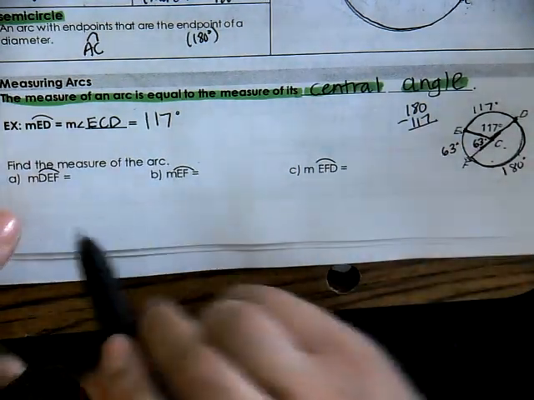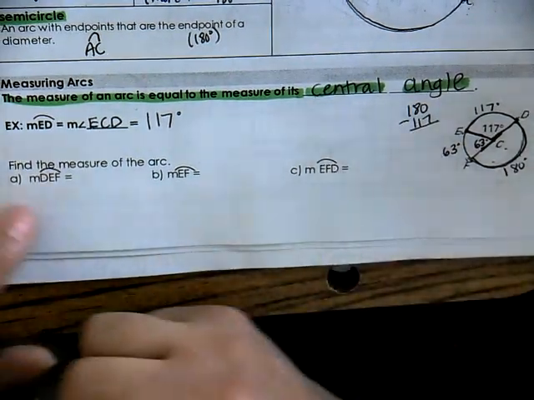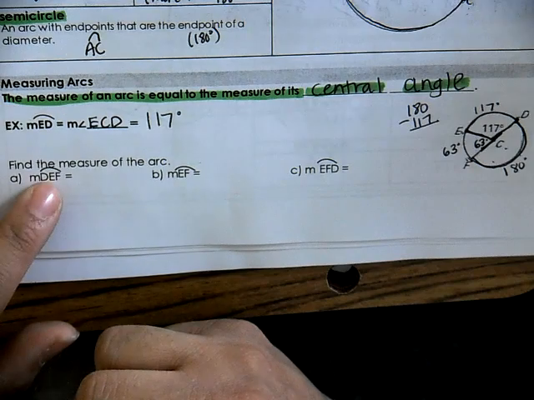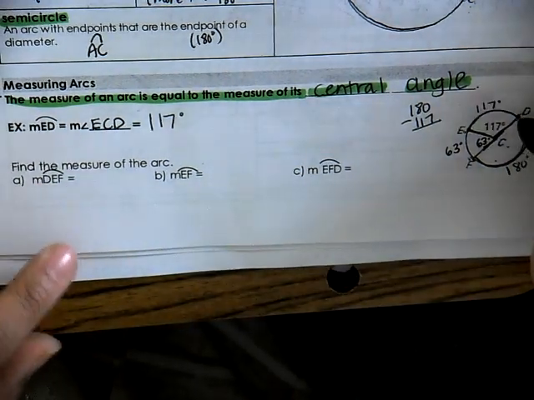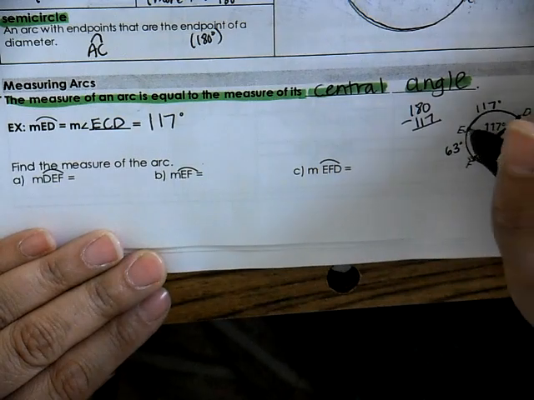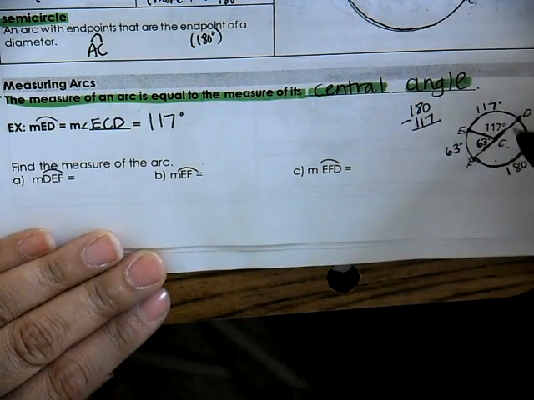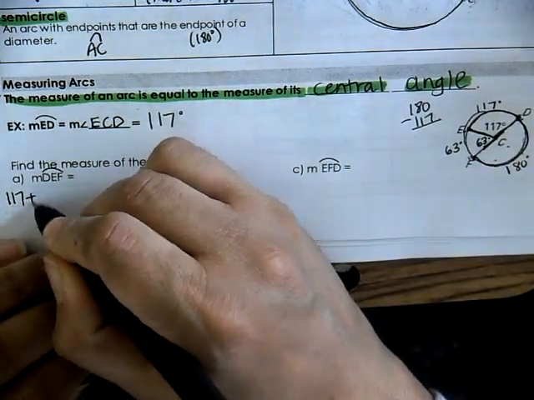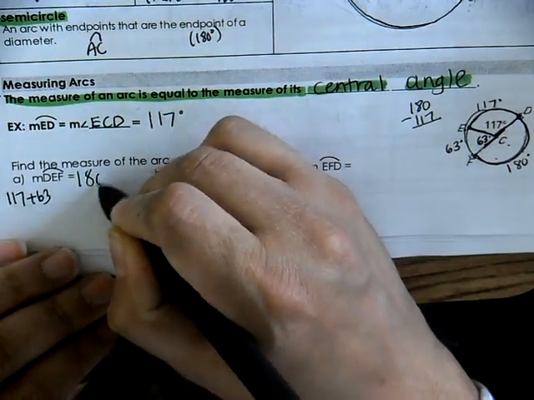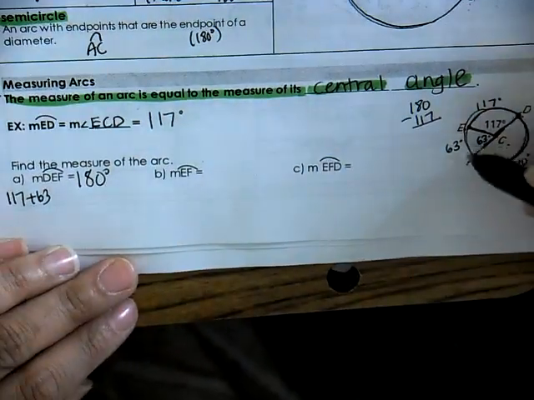Now that we've labeled a lot of it, let's go through and answer these questions. The first one says, can you find the measure of arc DEF? Just find letter D and go in the same order. D to E to F creates a semicircle, right? It goes right here around, and so that would just be either 117 plus 63, or you can already tell that it's a semicircle because it's halfway.